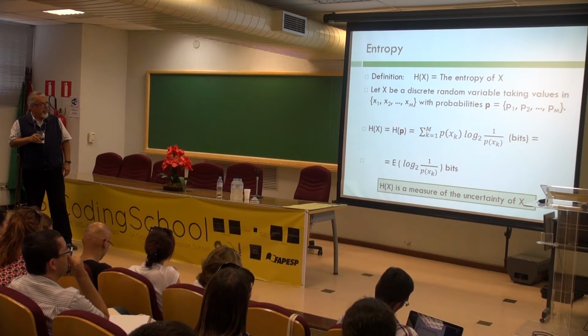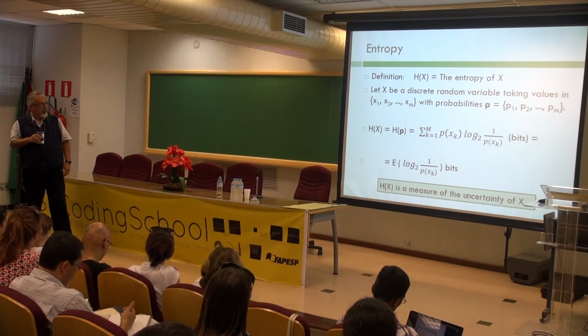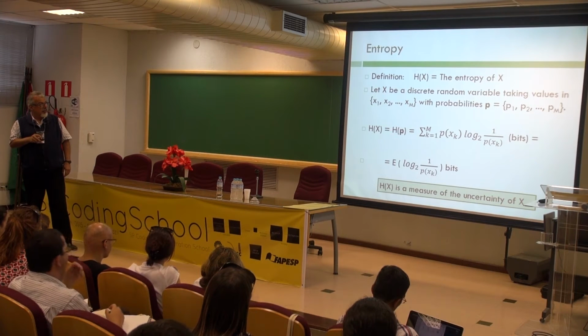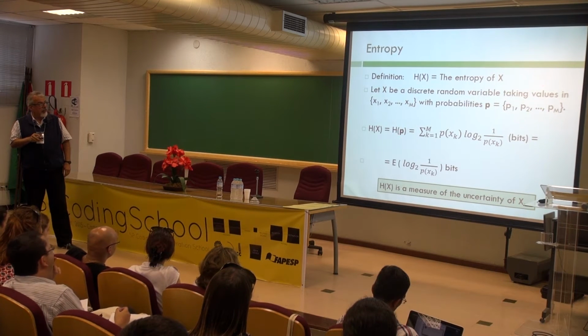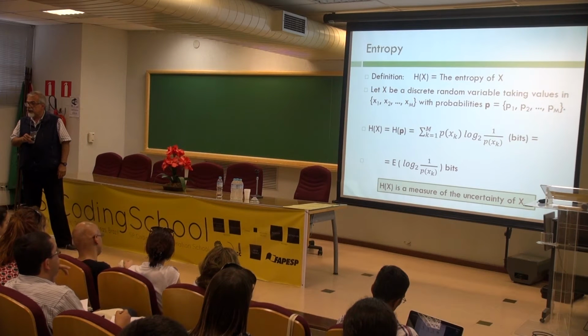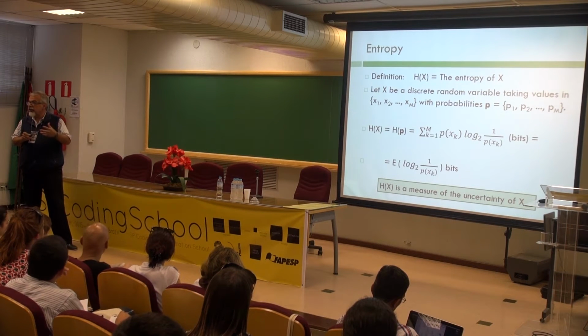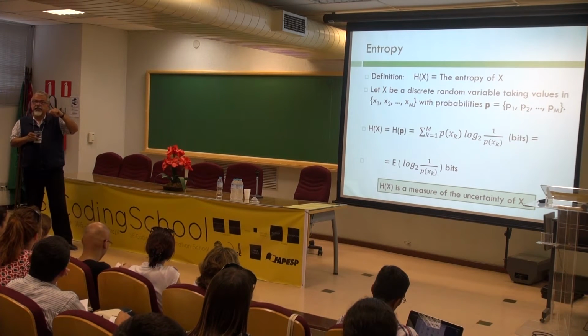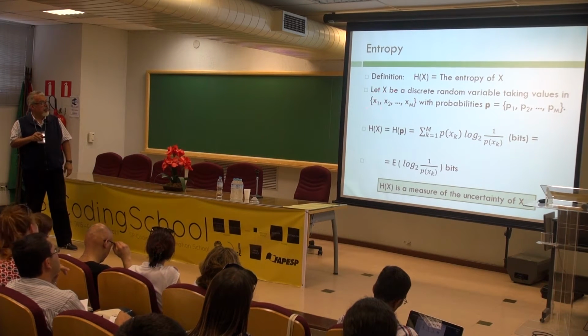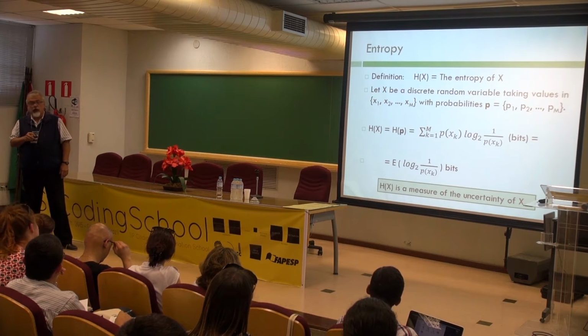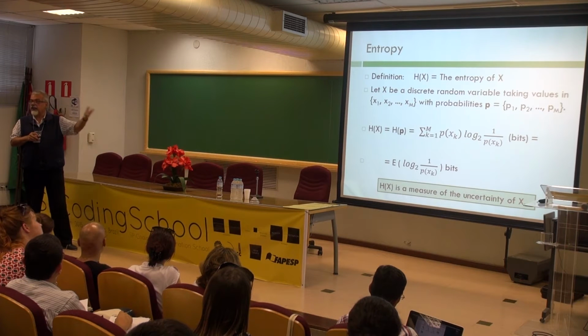And you notice that another notation for this, and it's probably more appropriate, is H of p, the vector of probabilities, because it does not depend on the values that the random variable can take on. It doesn't depend on that. The values can be blue, yellow, red, and so forth. Or it can be 1, 2, 3, 4. Or it can be names of people. It can be anything.